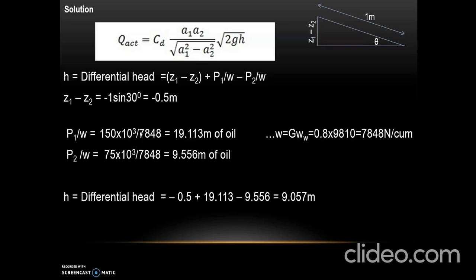So once we substitute the value of W, we get P1 by W as 19.113 meter of oil. Similarly, P2 by W is equal to 75 into 10 raised to 3 divided by 7848, which is equal to 9.556 meter of oil.